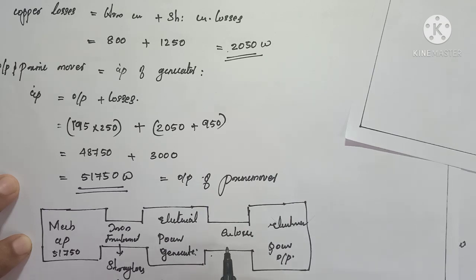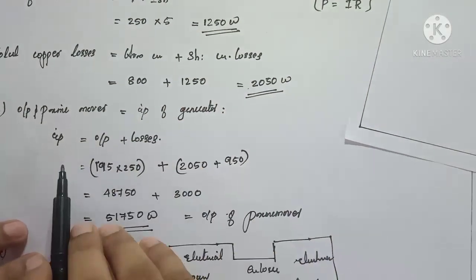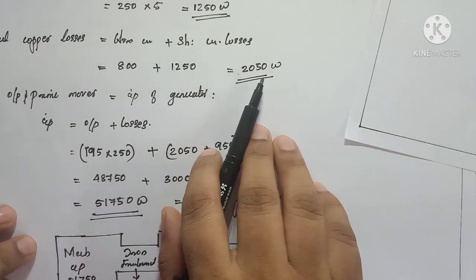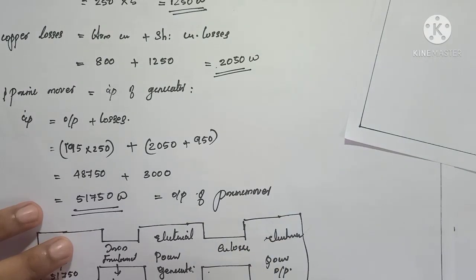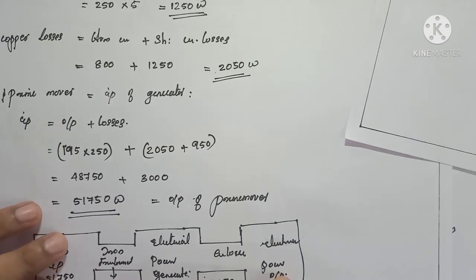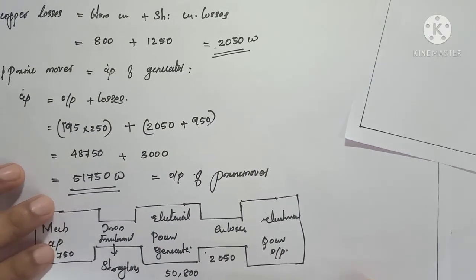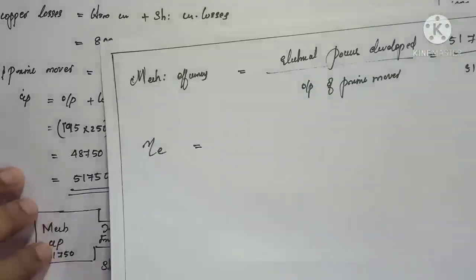So here it is already 50,800, and total copper losses we calculated as 2050 watts. That is the copper losses.